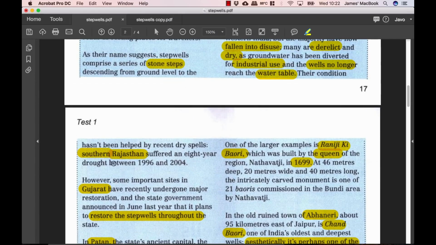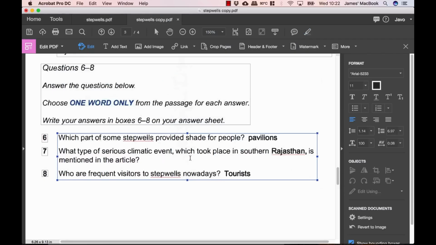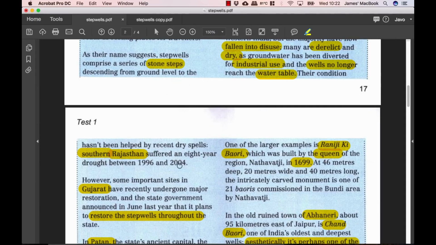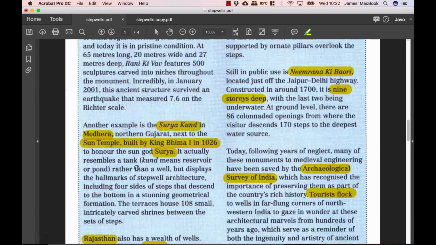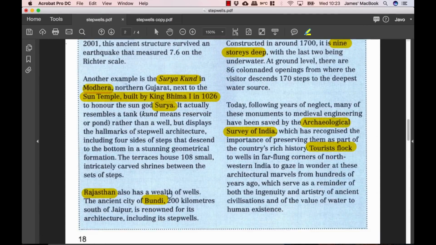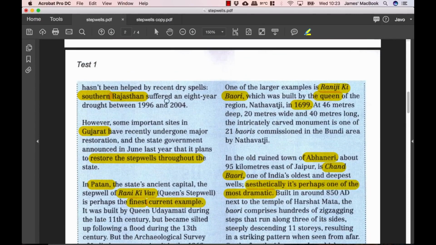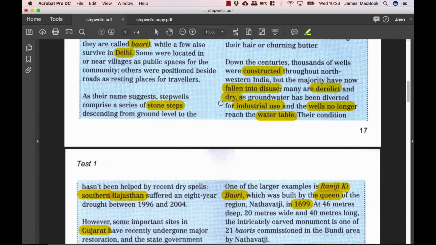It's about an 8-year drought. So it was good of us to go directly to this part, because that's all mentioning Rajasthan, but as you can see, it's mentioned here as well. Okay.